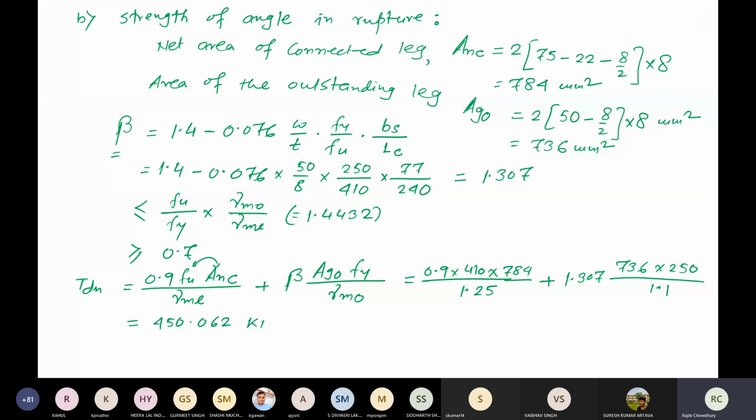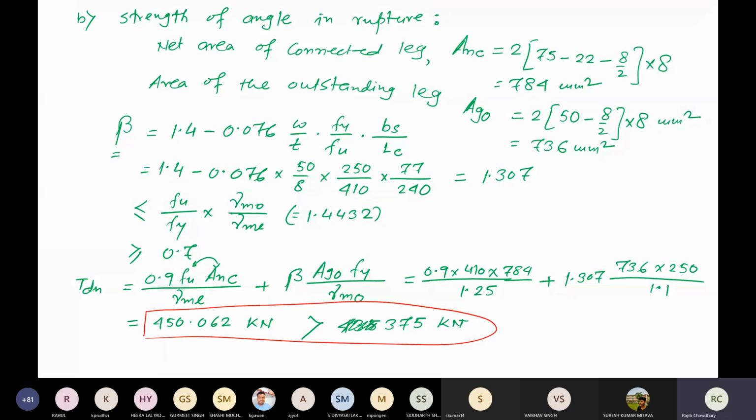Again, this is greater than the applied force, 375 kilonewton. So that means in the previous case, it was satisfying. This is called the applied force.